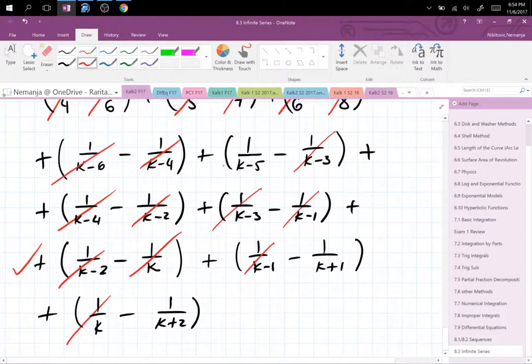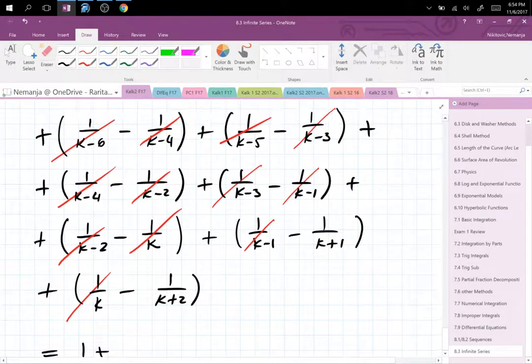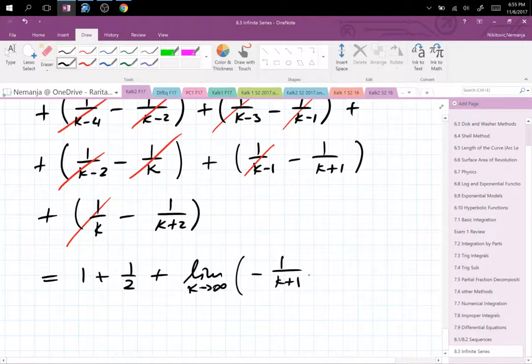That means that all others will cancel as well. So what is left? What's left is 1 over 1 plus 1/2 plus the limit as k goes to infinity of negative 1 over k plus 1 minus 1 over k plus 2. Those are the terms that are left, and we have to send those to infinity.